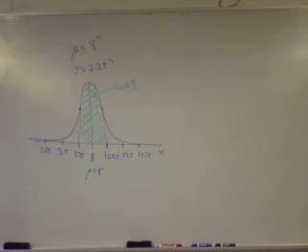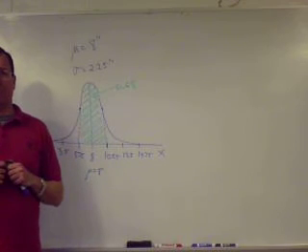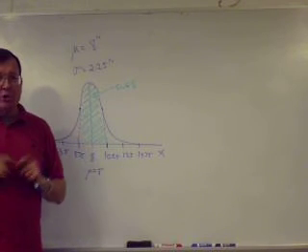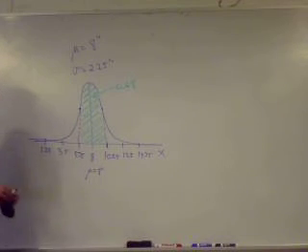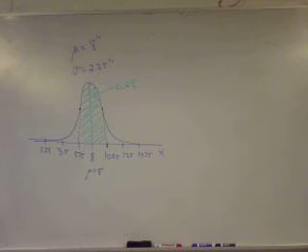Now question 6 adds the concept of a sample. And we're only going to look at part A. Let's say that I take a sample of 15 fish out of this lake.